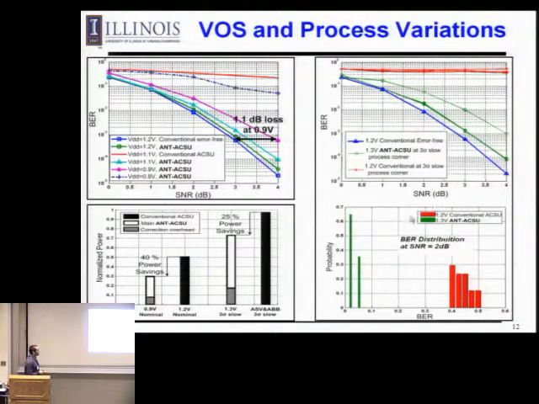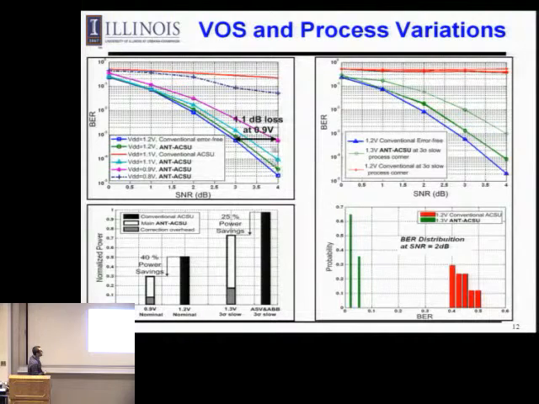In terms of bit error rate performance and power saving, here is the original curve at 1.2 volt. For the conventional architecture, if you decrease to 1.1 volt, it will operate at this curve here. However, in our error resilient design, our bit error rate is still tolerable.